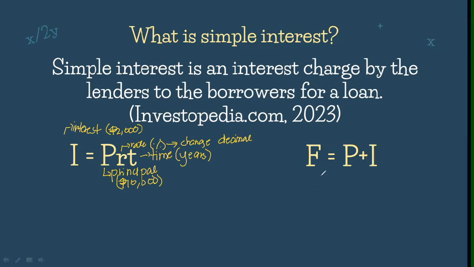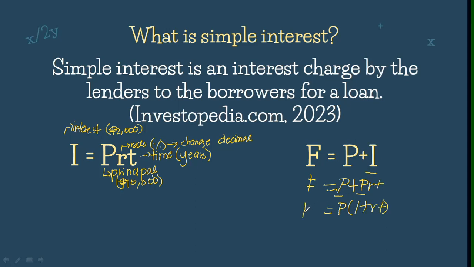So we also have the future value. The formula for the future value is F is equal to P plus I. Pero ang I natin is also equal to PRT. So ibig sabihin, pwede natin siyang i-rewrite as P plus PRT. Since parehas sila may P, we can also factor it out. Ilabas natin siya. So we have P times (1 plus RT).